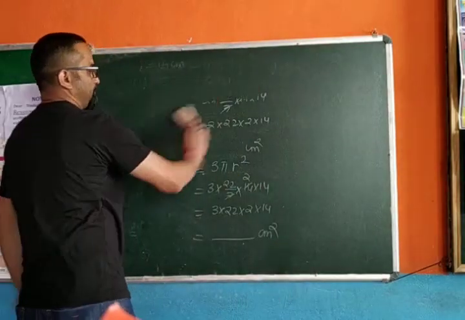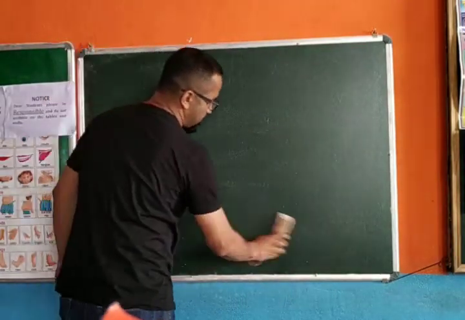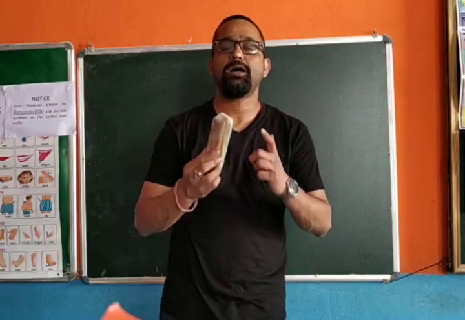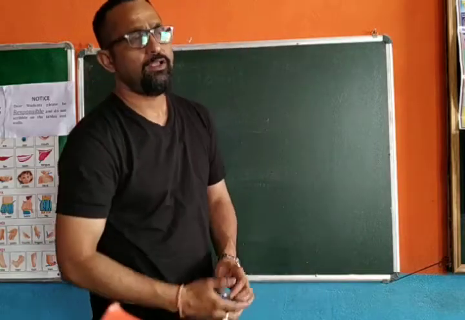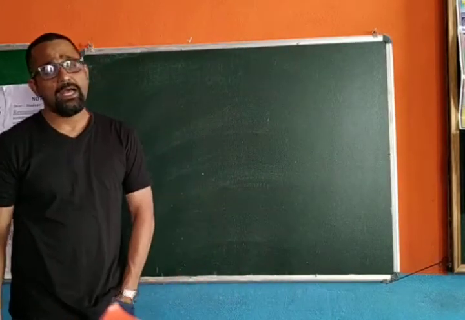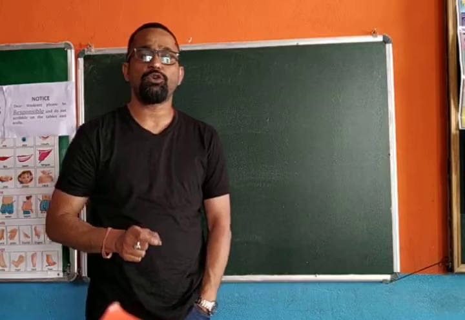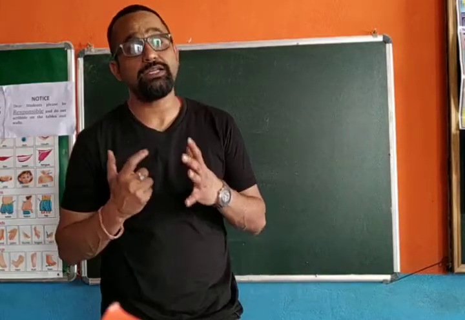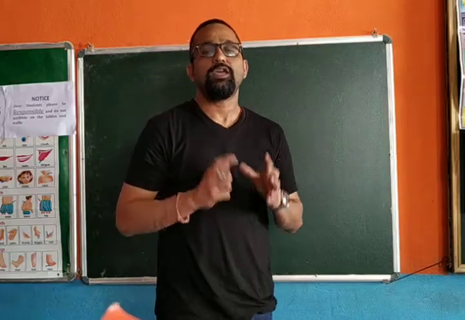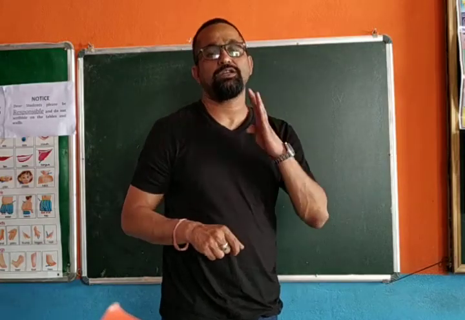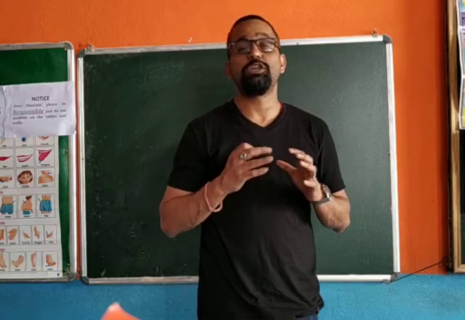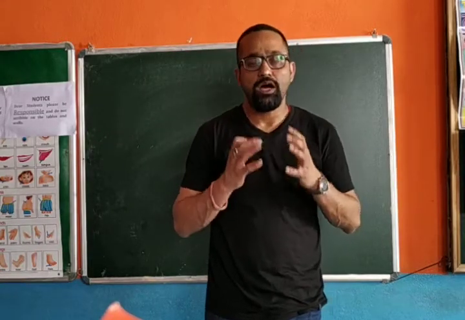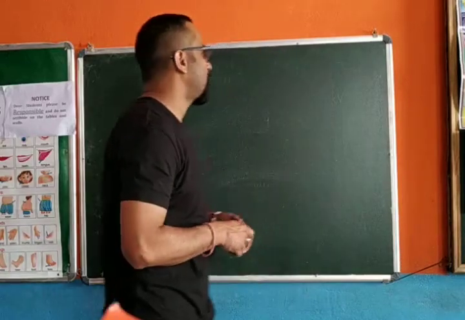The first one is multiplication of a monomial by a monomial. If you go to higher classes, you have to do a chapter called exponents, or we call it indices. In that chapter, there are some laws which will be needed in multiplication and division of algebraic terms.